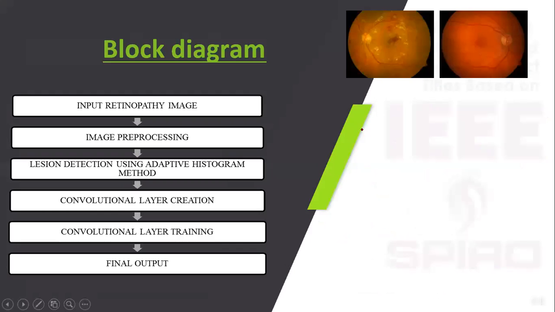This is the block diagram. First, is this a lesion image or a normal image? First I take the retinopathy images, and next we do image pre-processing like RGB to gray conversion, and next we do the lesion part location identification with the help of the adaptive histogram method.